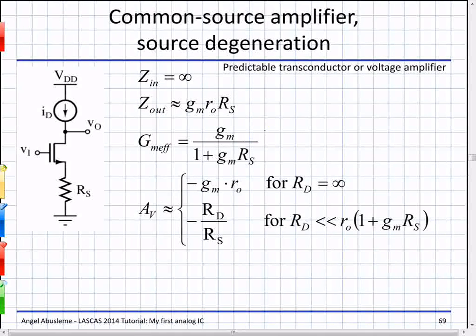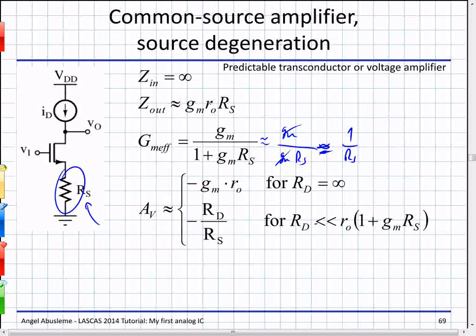In this case, when GM times RS is large, this is almost GM over GM RS, and then this is equal to 1 over RS. Then we can control the effective GM of this amplifier just by moving RS.